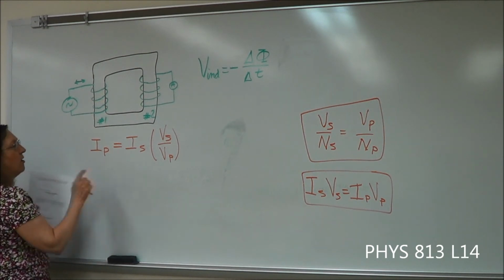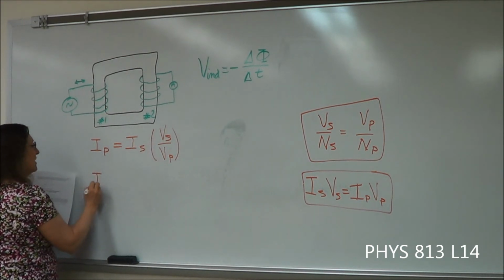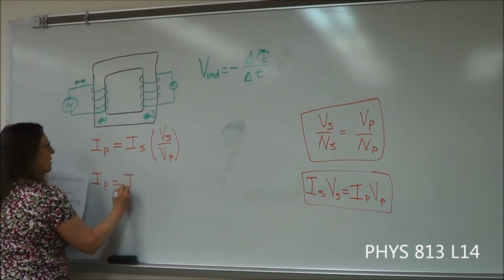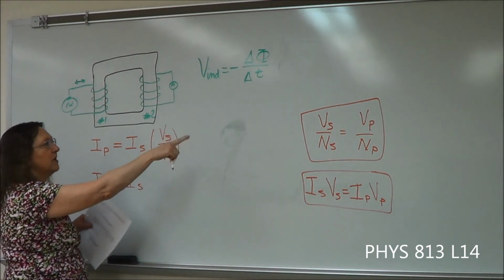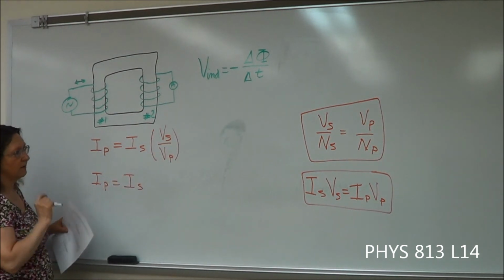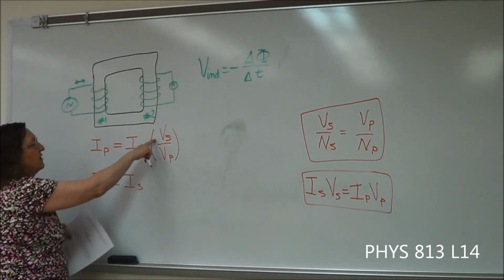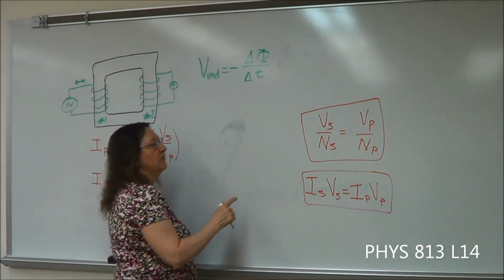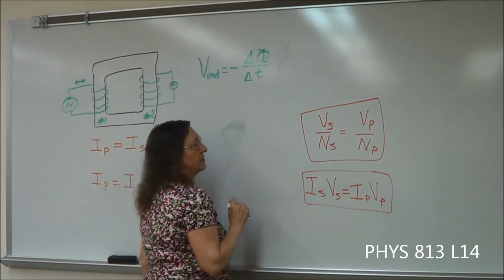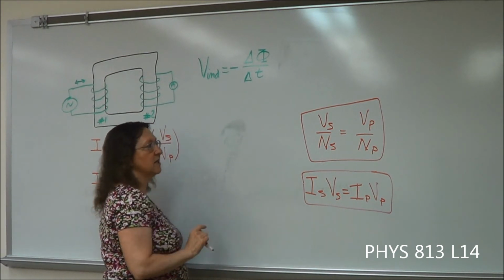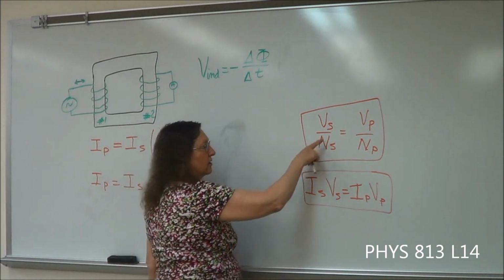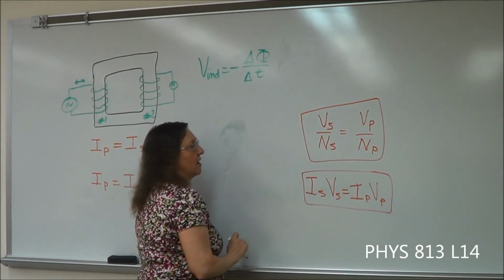Well, now VS over VP, so I'll keep this. We can look at our top equation and rearrange the letters if we do it carefully. I want VS over VP, and if you remember, when you have a ratio and you want to move things across the equal sign, they have to move diagonally from numerator to denominator.